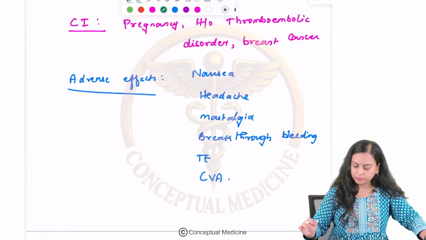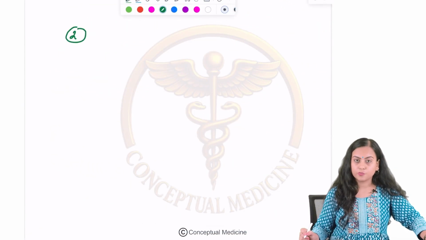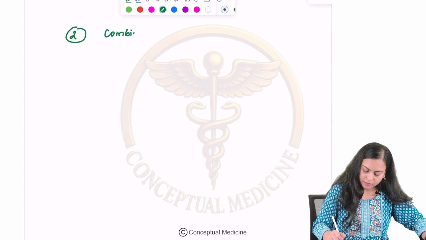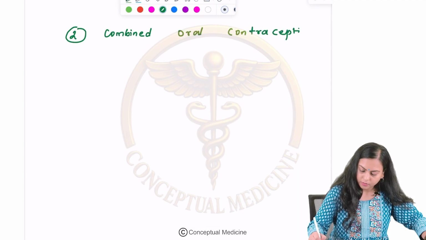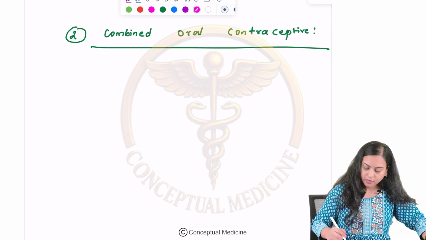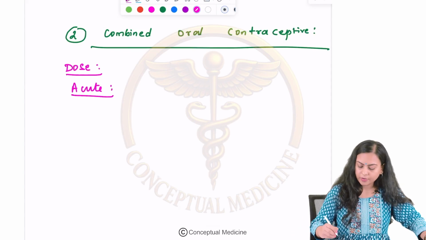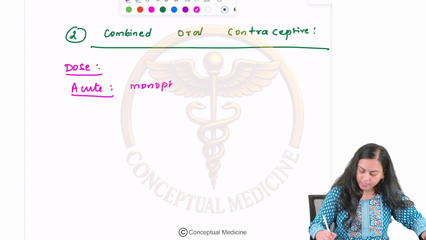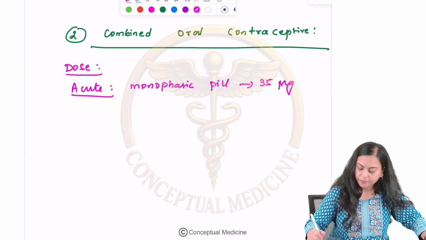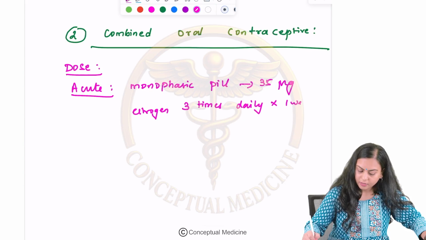And the second one, we'll see combined oral contraceptive pills. Okay. So combined oral contraceptive. So here the dose is, for acute conditions, you can give them a monophasic pill that is containing 35 microgram estrogen 3 times daily for 1 week.